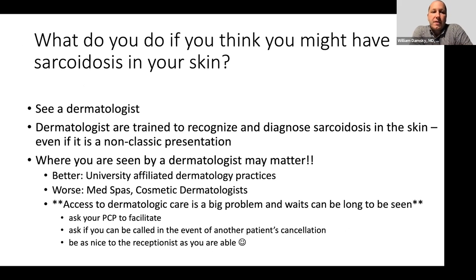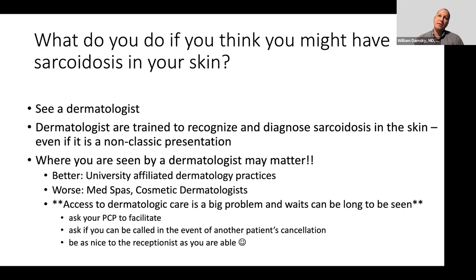So what do you do if you think you might have sarcoidosis in your skin? Well, I would argue it's really important to see a dermatologist. Dermatologists are trained to recognize and diagnose sarcoidosis in the skin, even if it's a non-classic or one of those unusual presentations. We're trained sort of what to look for. Believe it or not, it may matter where you actually see a dermatologist.